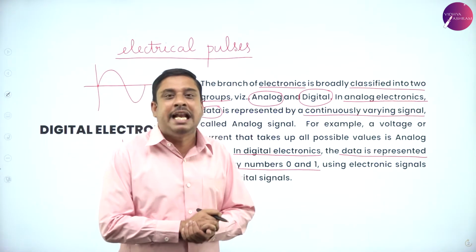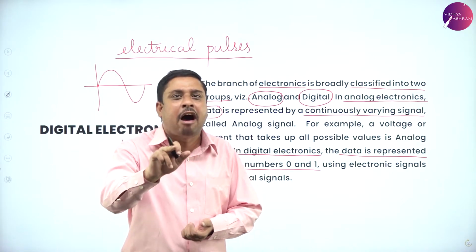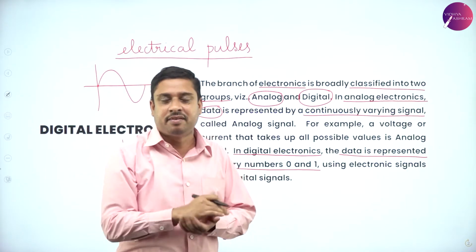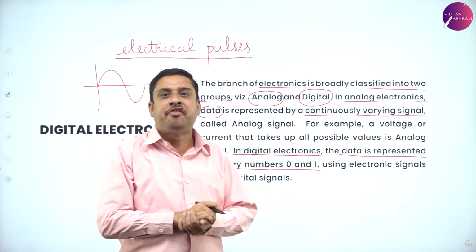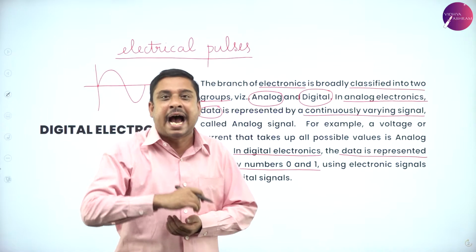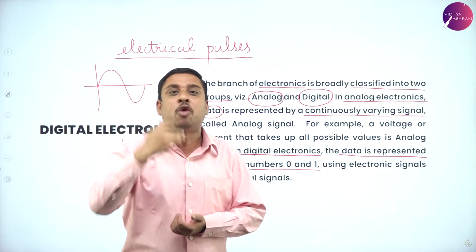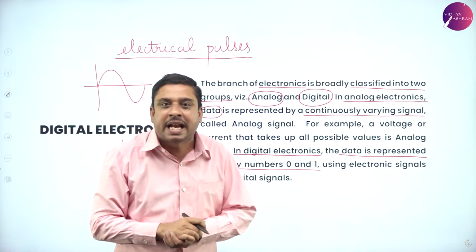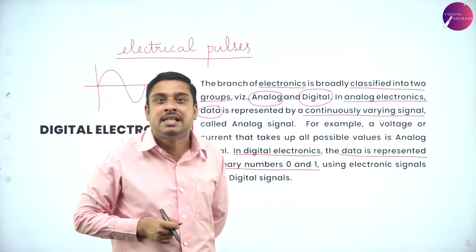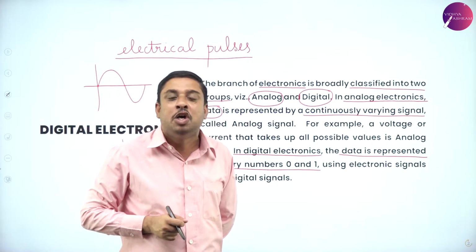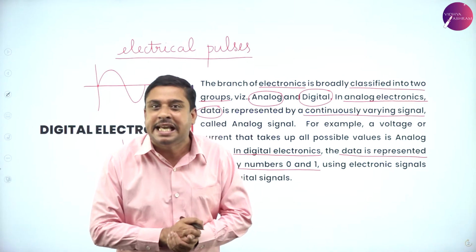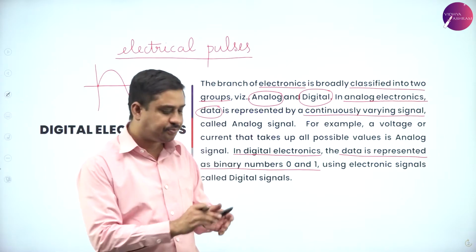In analog electronics, data is represented, information is given in the form of continuous varying signals, either electric pulses or voltage signals. Whereas in digital electronics, we represent any data using two binary numbers, that is 0 and 1.